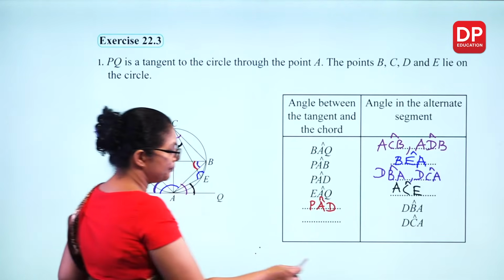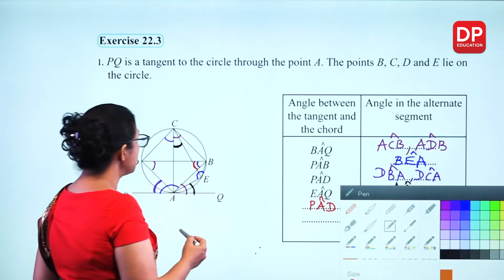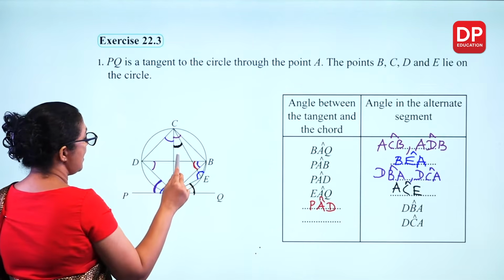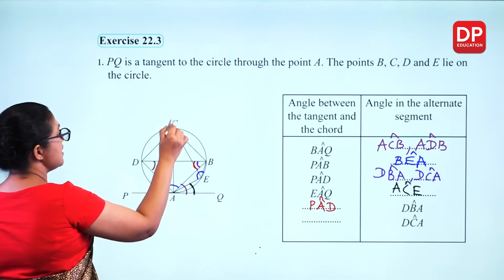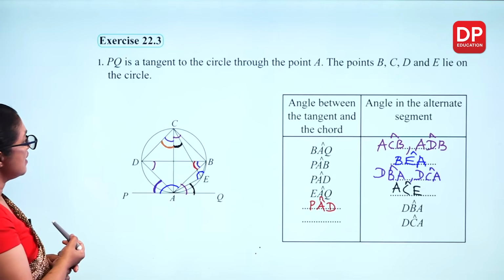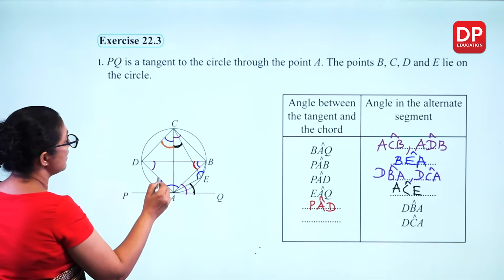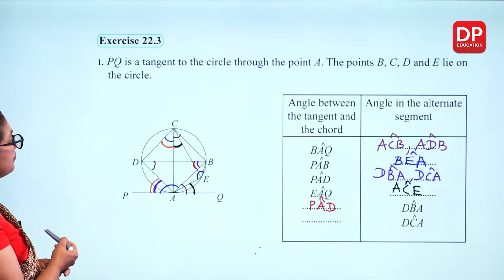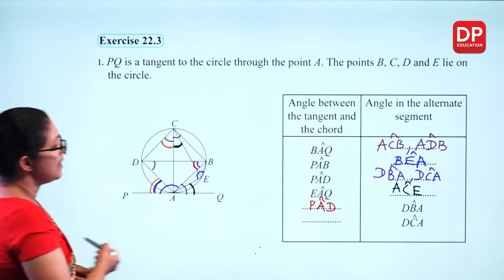DCA. DCA angle, this one. That also we did. DCA is equal to this angle, PAD. DCA is same as PAD.